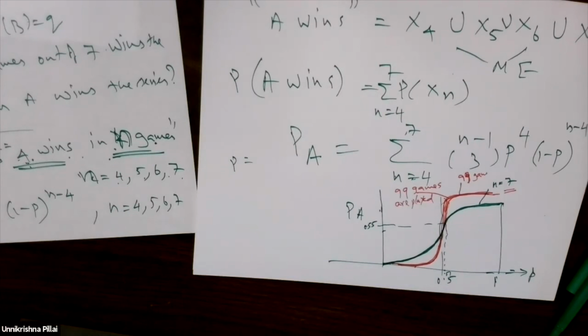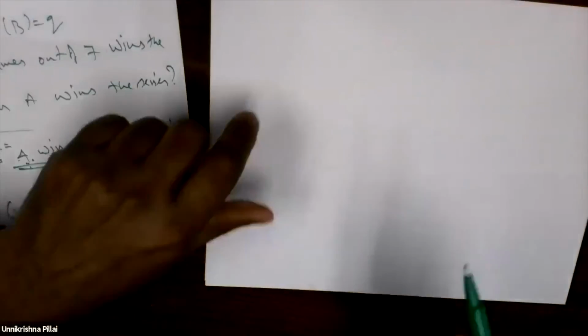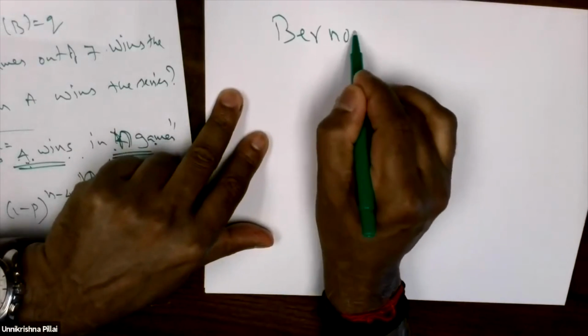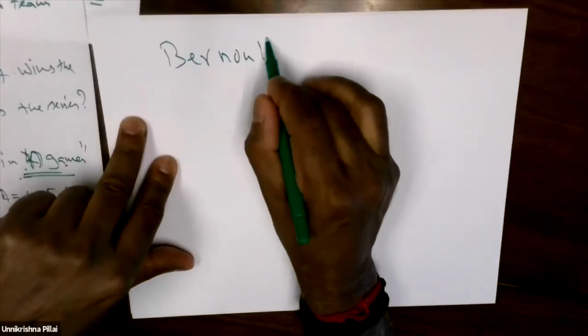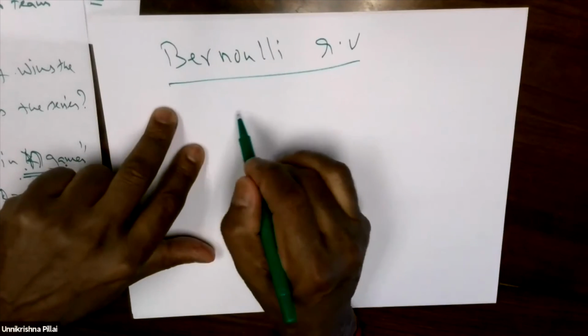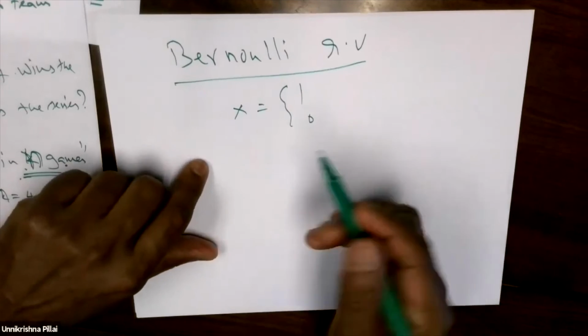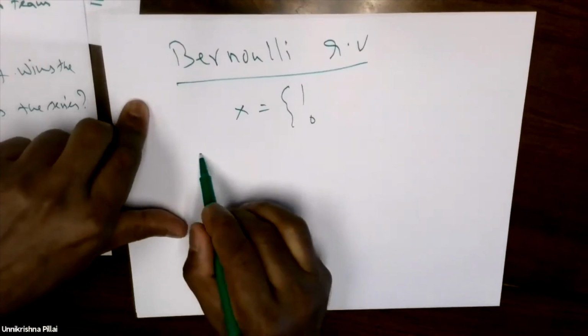Any questions? So remember, I introduced you to the binomial random variable, geometric random variable, negative binomial random variable, and there is a simple random variable in that context called the Bernoulli random variable. So Bernoulli random variable only takes two values, x equal to 0 or x equal to 1.